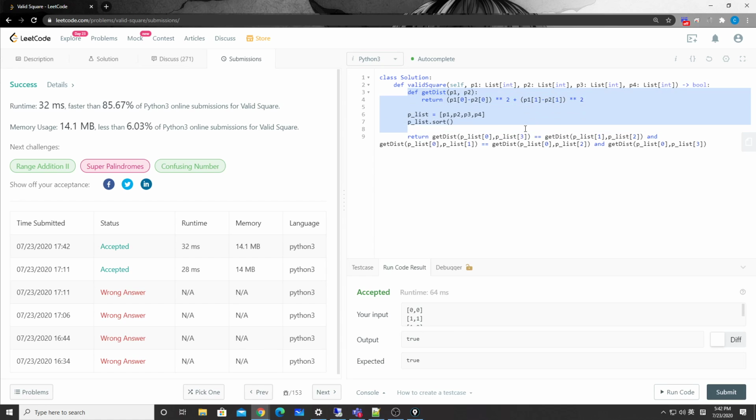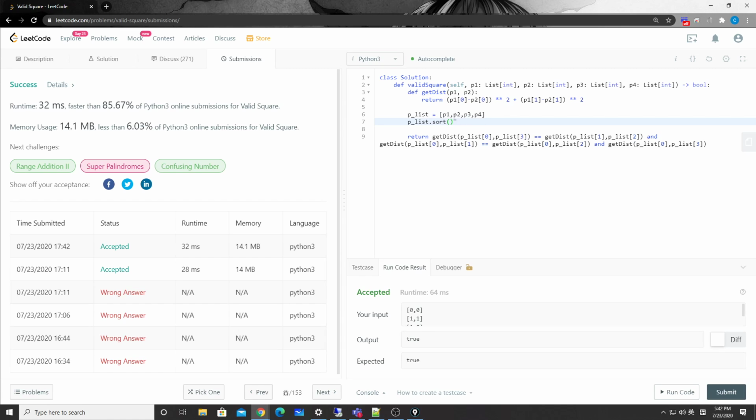So that's sorting the points in a certain order so we can be sure which two represent the diagonal and which of the other two represent the edge, and we simply do a two-comparison. Okay, I think that's it.